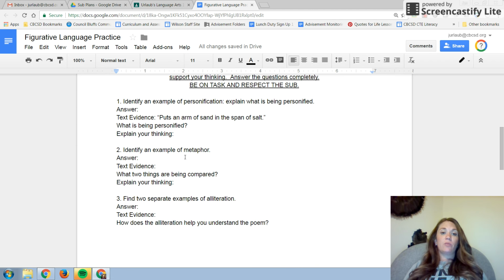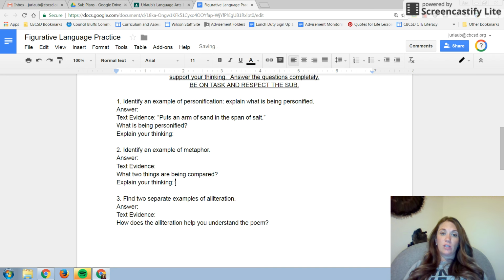Then you're going to do the same thing with metaphors. So you're going to find a metaphor. You're going to tell me what two things are being compared. Again, answer and what two things are being compared, kind of the same in this one. Provide your text evidence to support it. Make sure you use quotations like we did up here. And then explain your thinking.